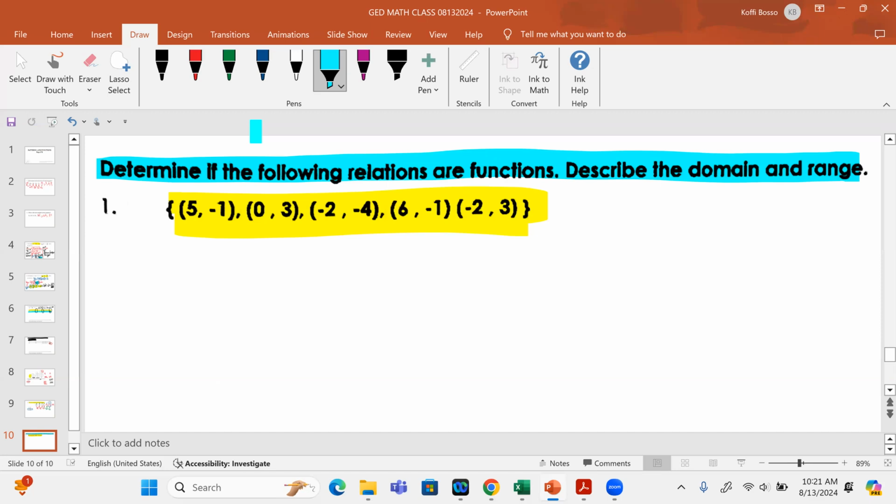Determine if the following relations are functions. Describe the domain and the range. Okay, I want to write this.